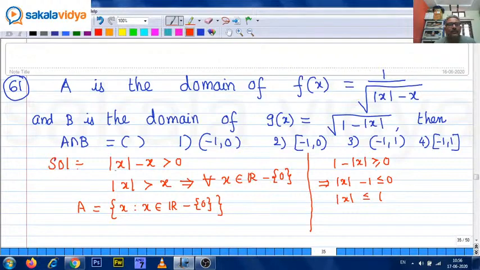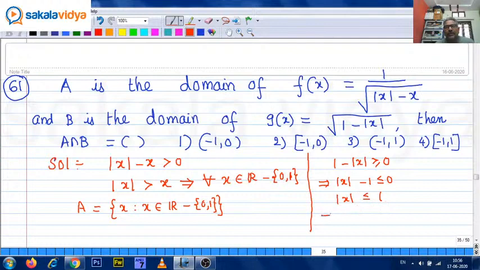Here one more thing also, 0 comma 1 also you need to write here. 1 also will not satisfy because mod 1 is 1, and 1 minus 1 becomes 0. Now mod x is less than or equal to 1.